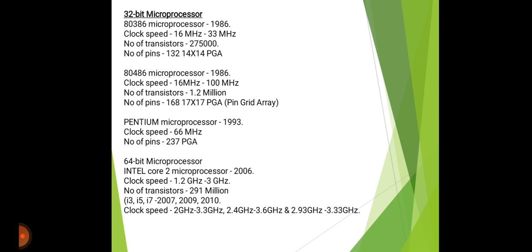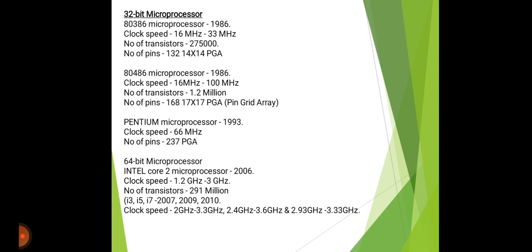The clock speed of this processor is 16 to 33 megahertz, and the number of transistors used is 275,000 transistors. The number of pins of this microprocessor is 132, a 14 x 14 PGA.